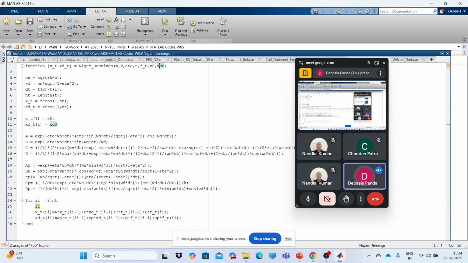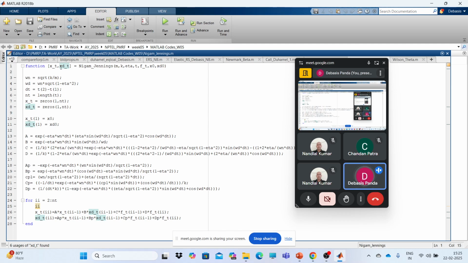If you provide this information, it will give you the displacement and the velocity at any time point. And if we get the displacement and velocity, we can easily calculate the acceleration. You just need to differentiate the velocity with respect to time, and we will get the accelerations also.